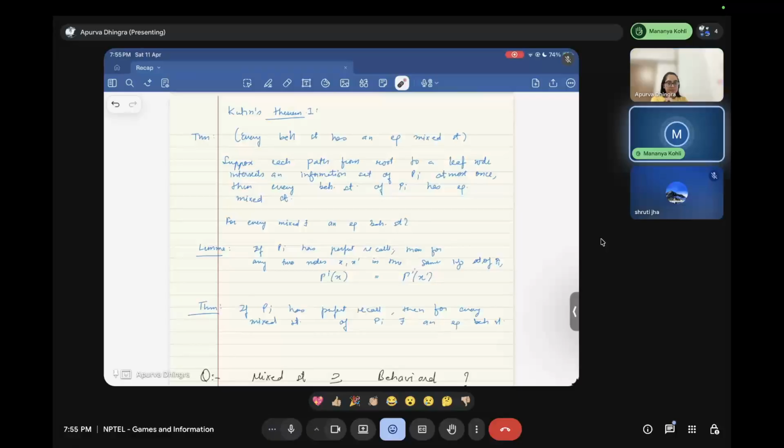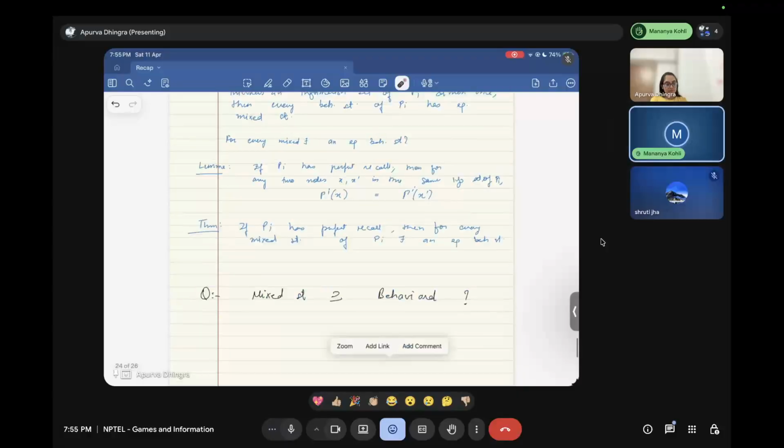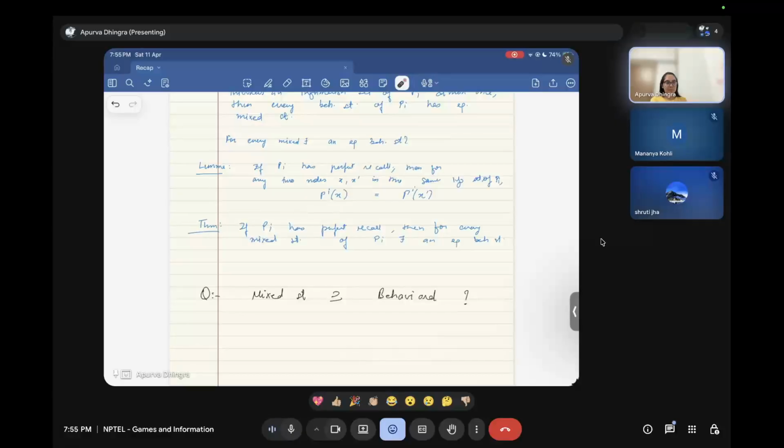What we need is that if a player has perfect recall, then for two nodes in the same information set, the set of actions is exactly the same.